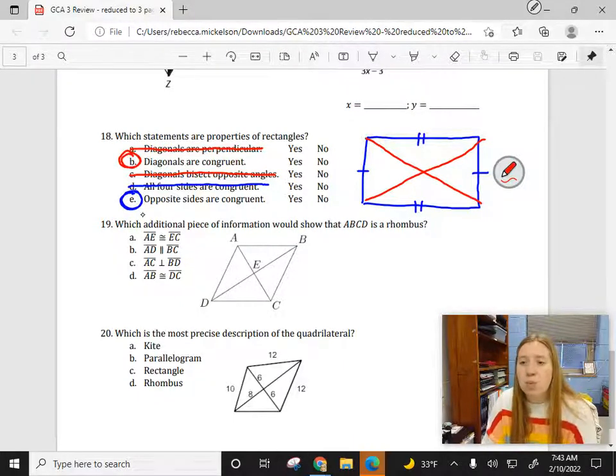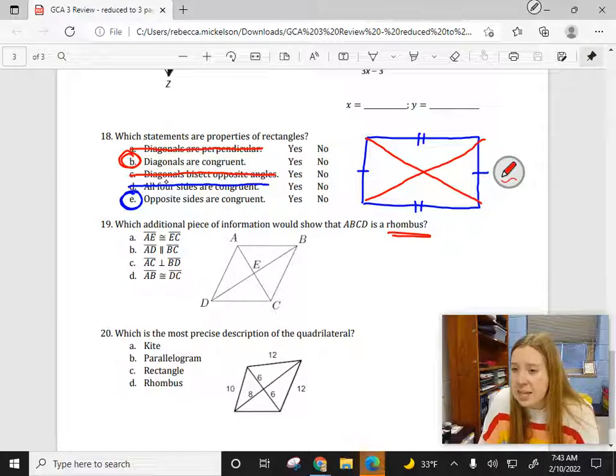Number 19 says which additional piece of information would show that ABCD is a rhombus. A rhombus basically has all of those properties that we crossed out up above as well. So AE equal to EC, we already know that because that's true about parallelograms.